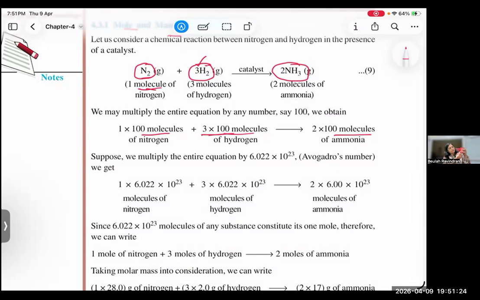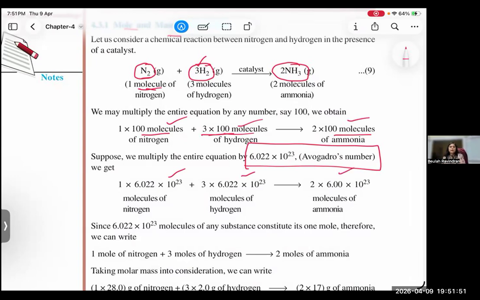So it produces totally 200 molecules of ammonia. Like that we can take, but we must understand what Avogadro's number is. Like this, we can multiply each and every molecule by Avogadro's number also.